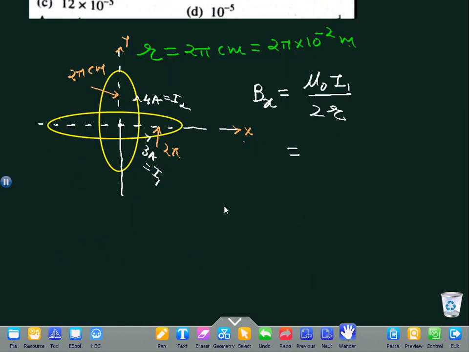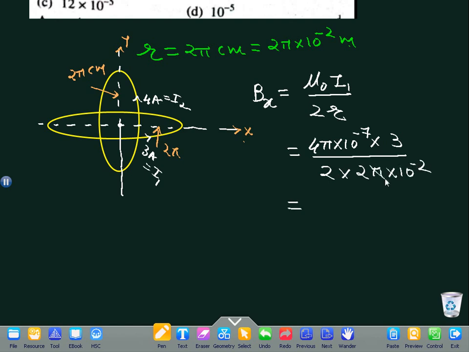Now put the values in the equation and find out Bx. 4 pi 10 raised to minus 7, current 3 divided by 2, and it is 2 pi 10 raised to minus 2. Pi cut, this 2, 4 cut, so 3 into 10 raised to minus 5 Tesla. This is Bx.